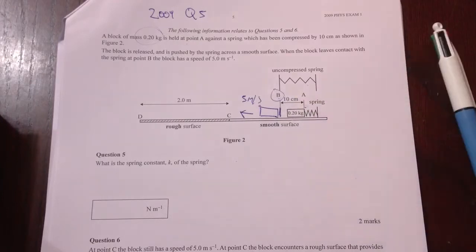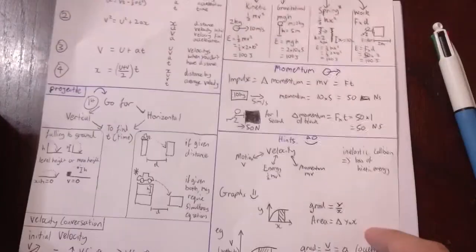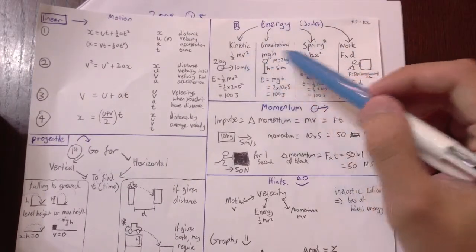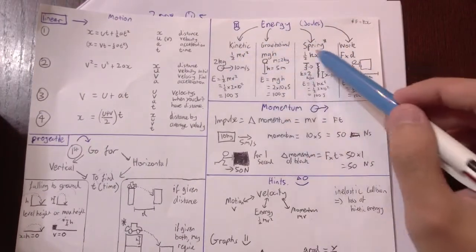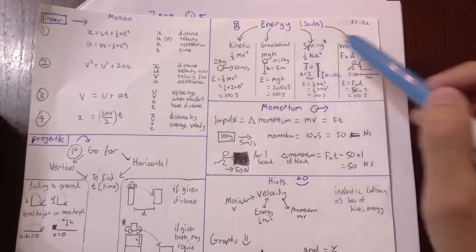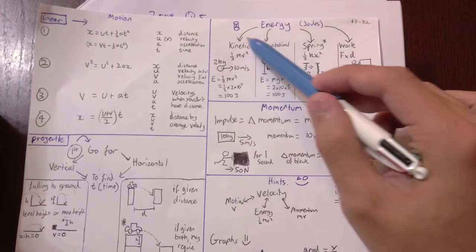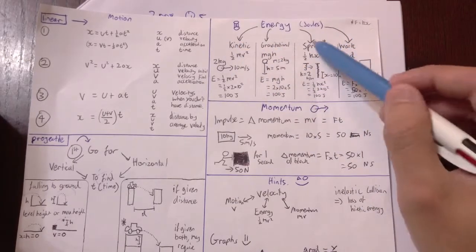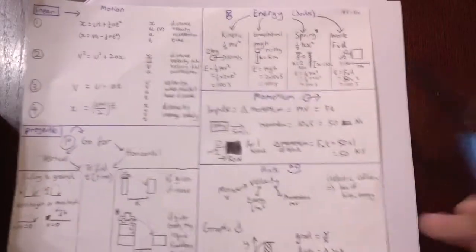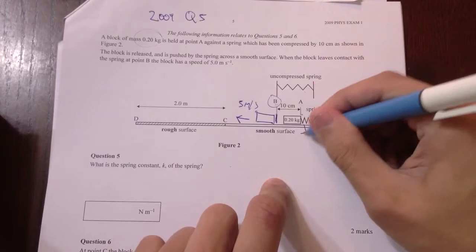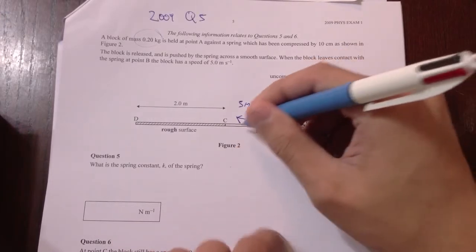The main way to do that, the only way that I know at this stage, is kinetic energy. Energy is the easiest way. We could use force and F equals kx, but the easiest way is kinetic and spring energies. So that means all the spring energy here, half kx squared, is converted to half mv squared.